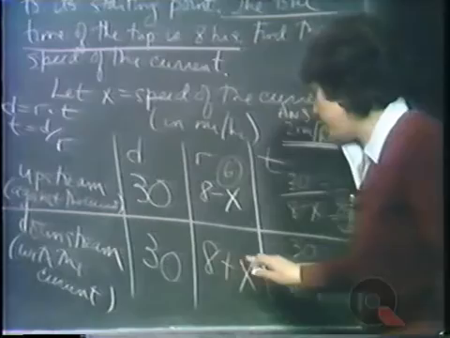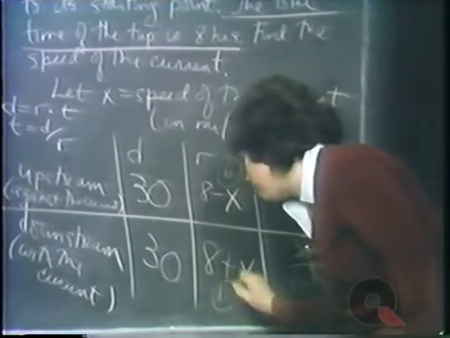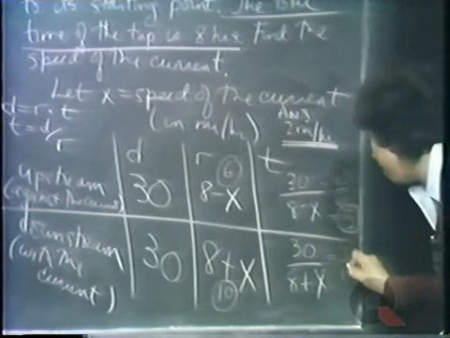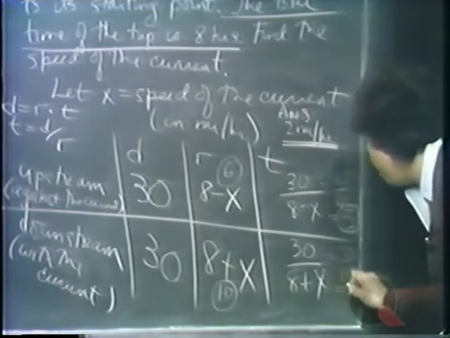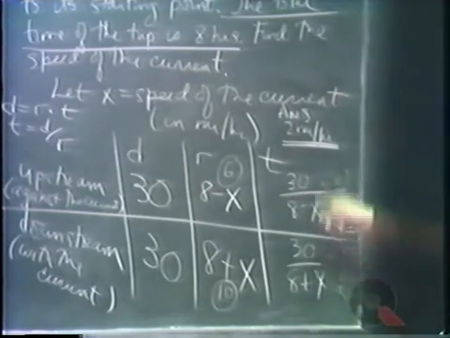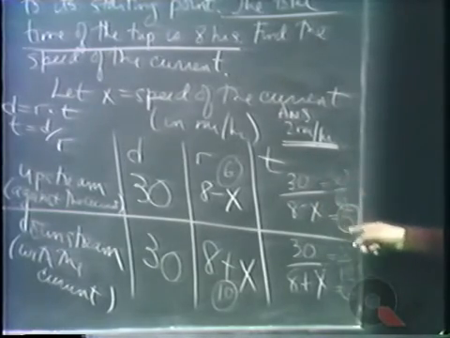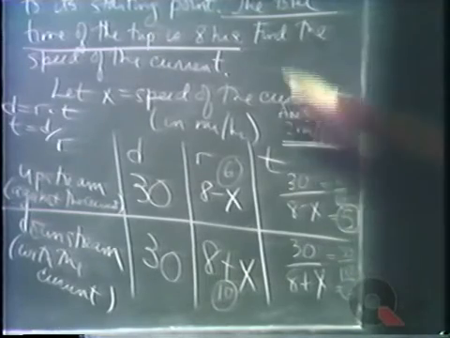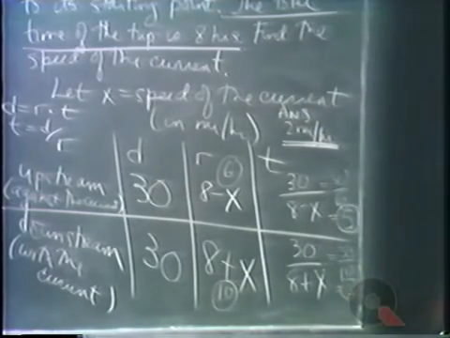Downstream you'd be going at 8 plus 2, or 10 miles per hour. 30 over 10, the time downstream would be 3 hours. The time upstream, 5 hours. The time downstream, 3 hours, giving us a total time for the trip of 8 hours, and that does check out. And that brings us to the end of this tape.